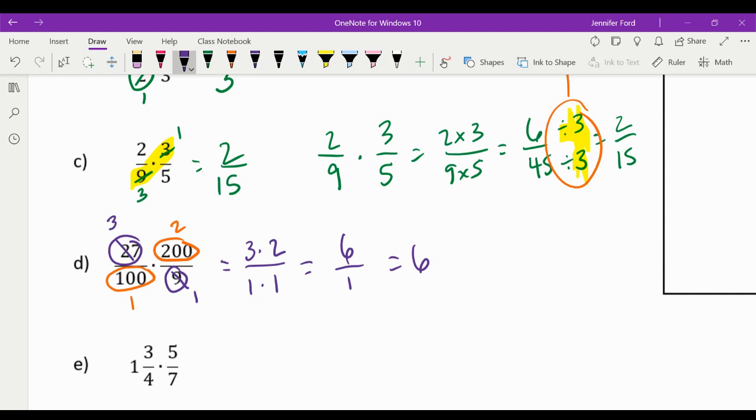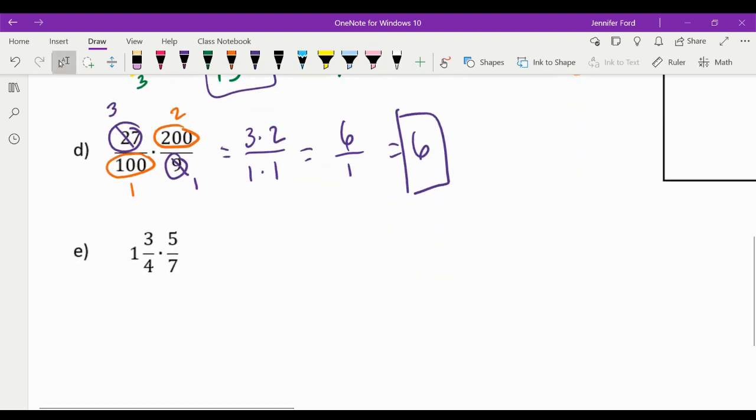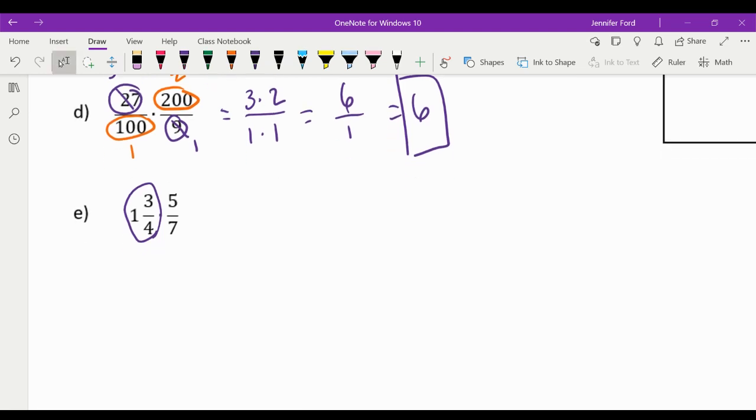And then the last one. I think it's easiest if you're multiplying a mixed number times anything to change it to a fraction bigger than 1.